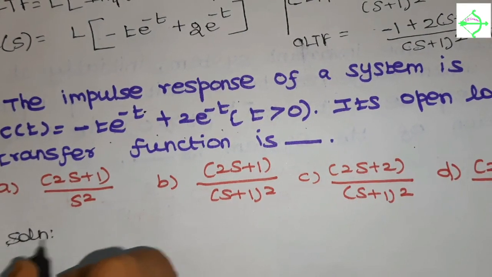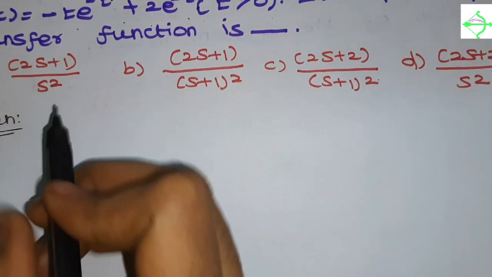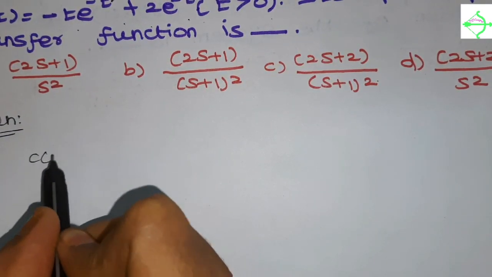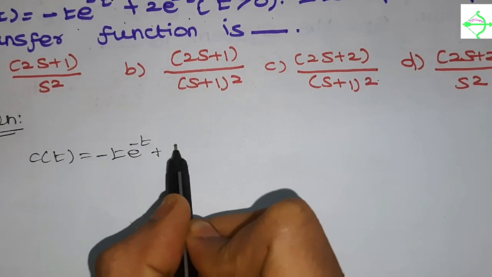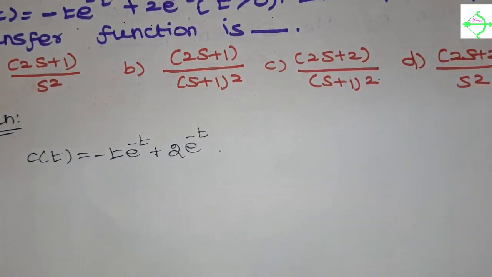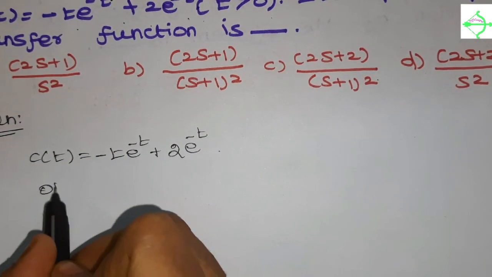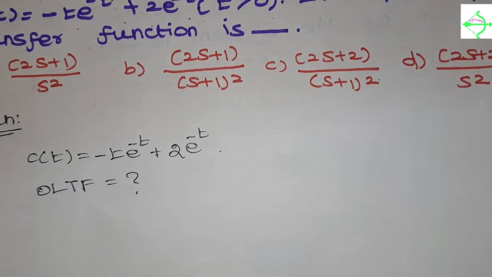Solution. What is given? c(t) = -t e^(-t) + 2 e^(-t) is given. We have to find out the open loop transfer function.